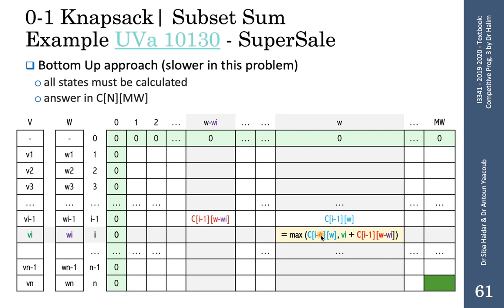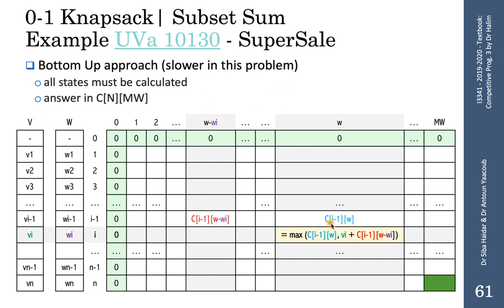I say the value here is equal: if I didn't choose this item i, it will be equal to the value in the previous state, where I have the item i minus 1, regardless of whether I chose it or not, because it will depend on the also previous state.